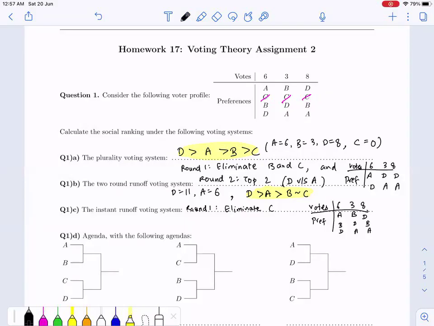Okay. So in round one, you still have B coming in last. So in round 2, B is eliminated.